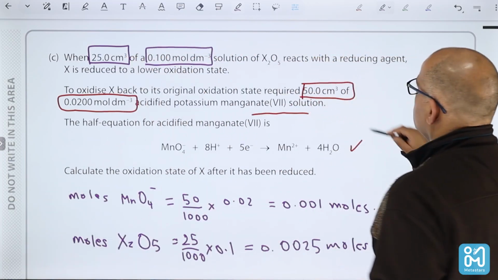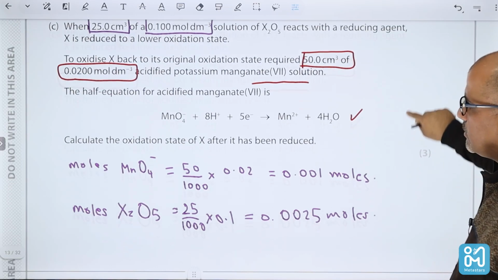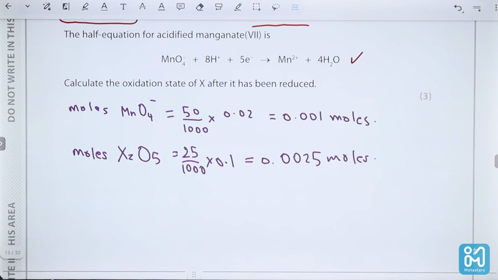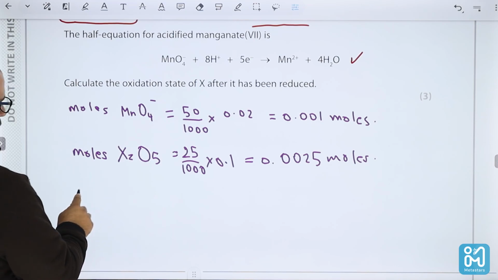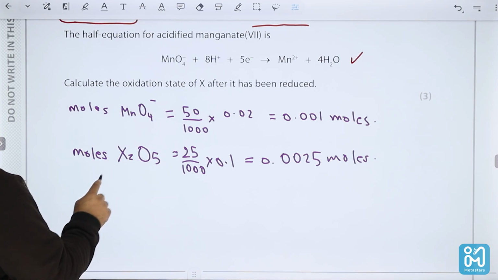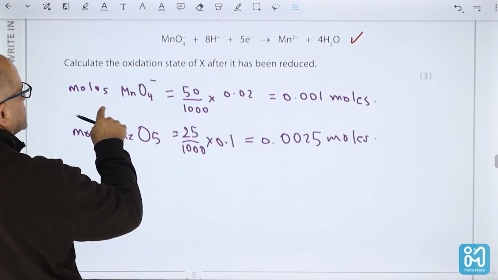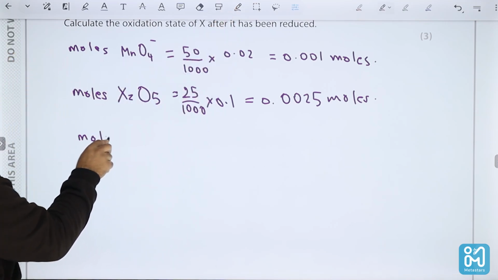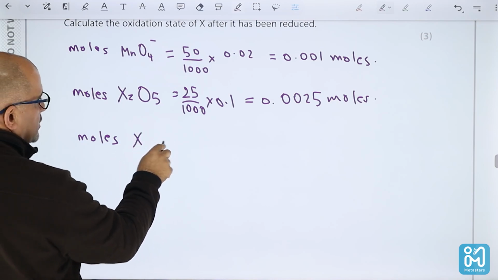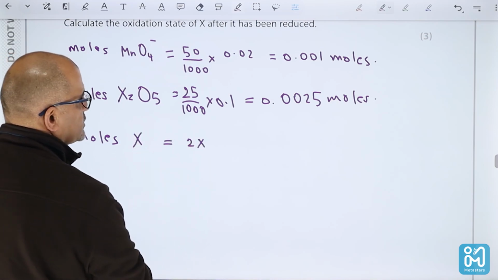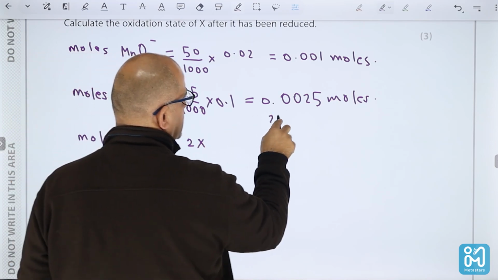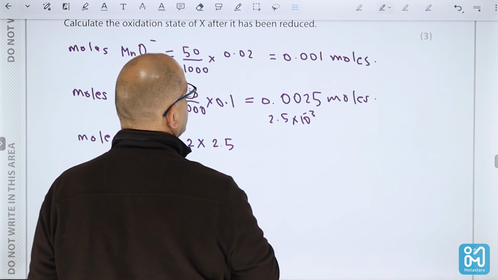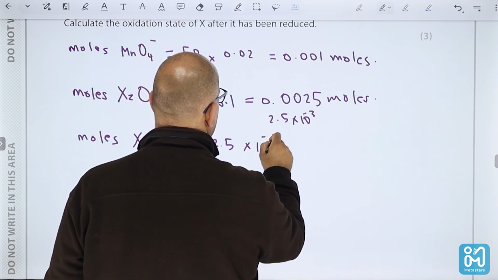After that, you can find the ratio between the moles of X and the moles of MnO4. Now, moles of X equals 2 times 2.5 times 10 to the power negative 3.